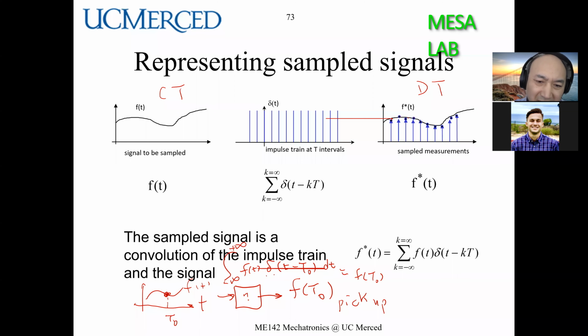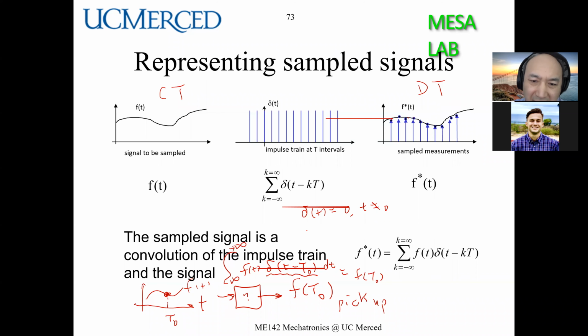This is called the impulse function. It is zero when t minus t0 is not zero. So delta(t) is 0 when t is not 0.